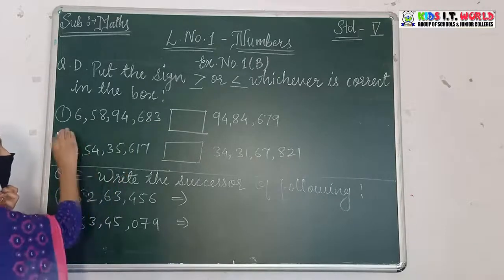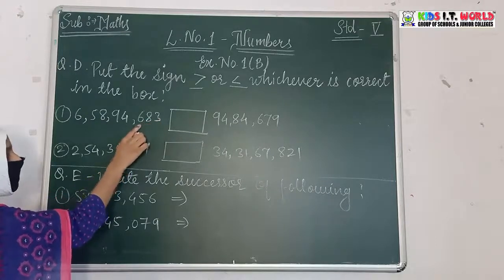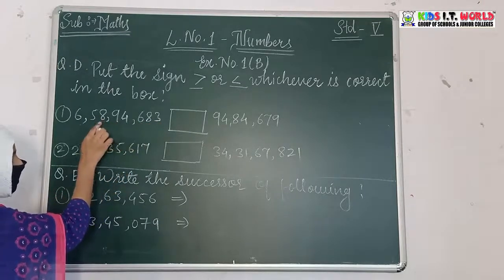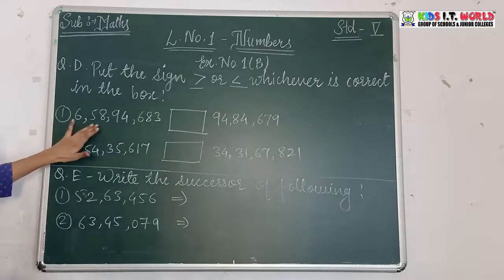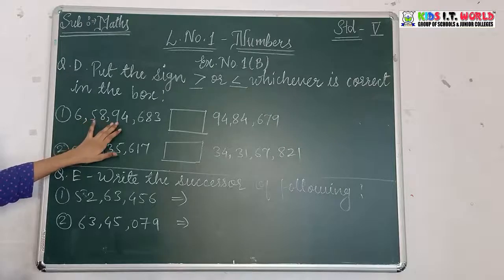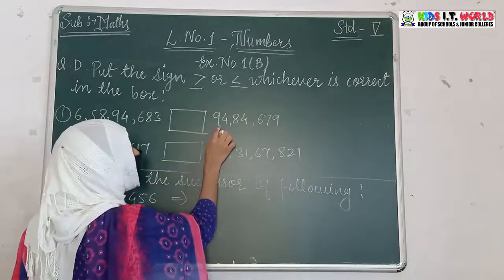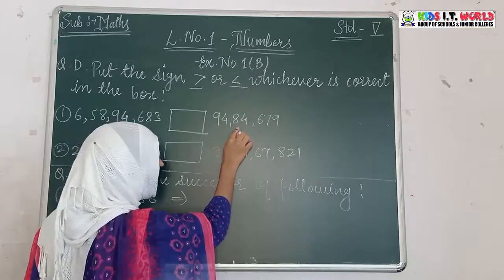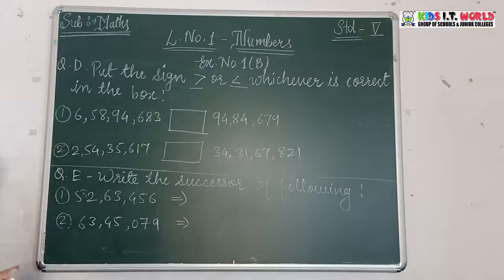If you are not able to read it directly, you can count it from the ones, tens, 100, 1000, 10,000, lakh, 10 lakh and crore. Means this number is 6 crore 58 lakh 94,683 and the other number is 94 lakh 84,679.